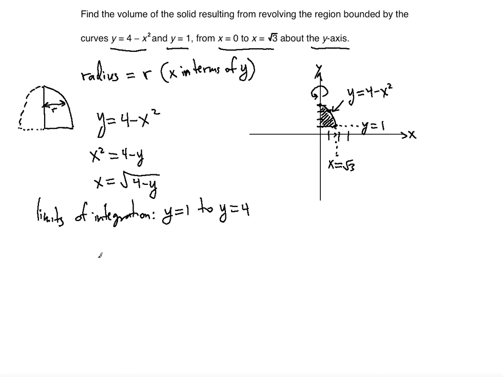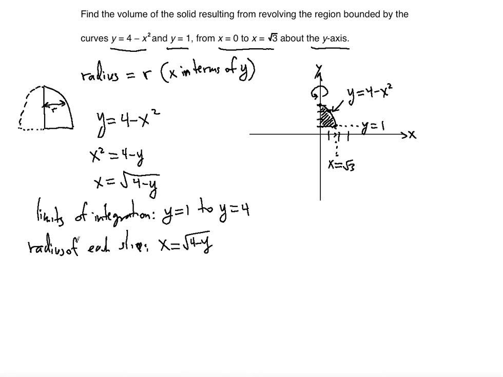So now let's integrate that. Each slice is basically a cylindrical slice, so the radius of each slice is going to be the function x, which is equal to the square root of 4 minus y.